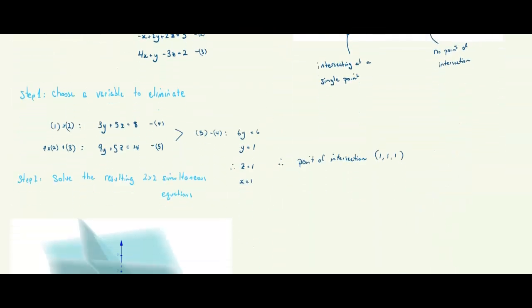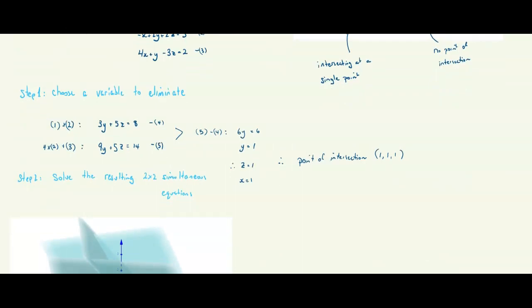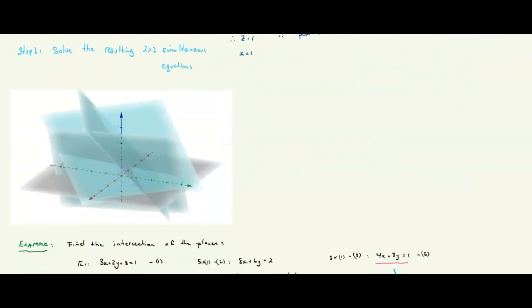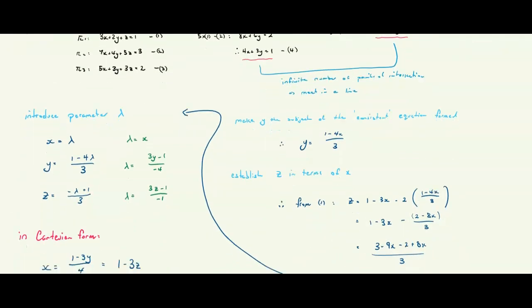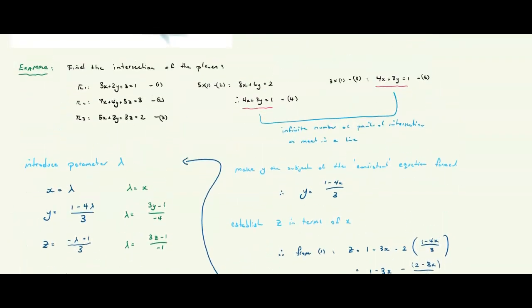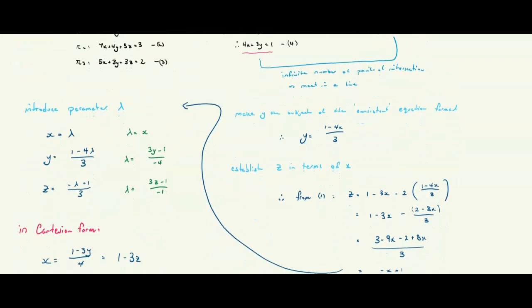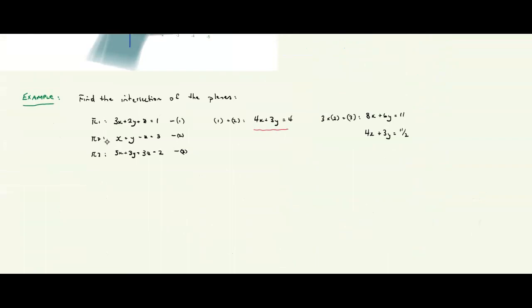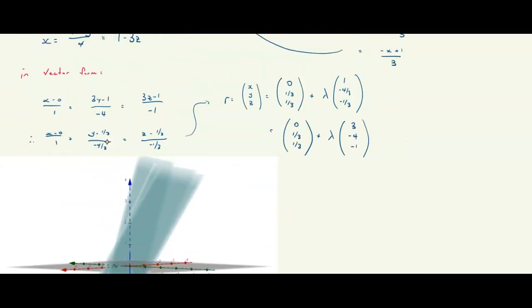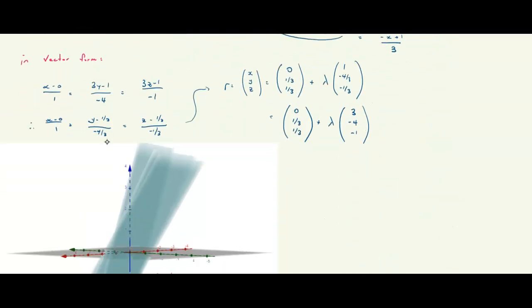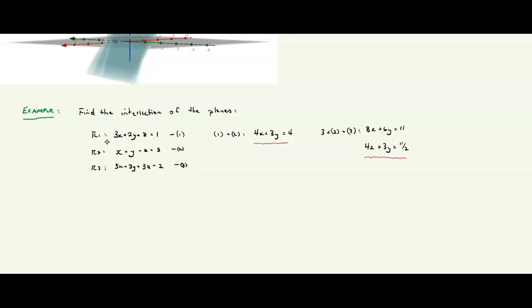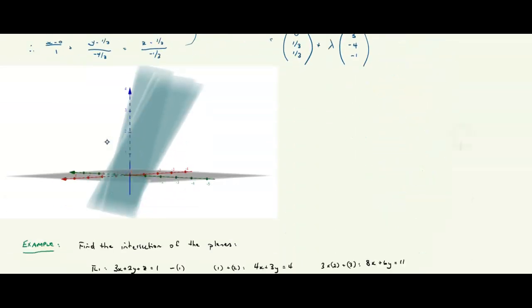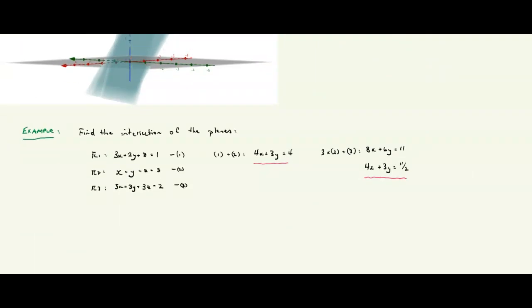Now, if we go back to the last 2 examples, at the first stage, when we got to this point, we just solved and we had a unique point. And in the second example, we got to this stage and we noticed a consistent pair of equations. Now, what we see, 4x plus 3y equals 4, 4x plus 3y equals 11 over 2. What we see are an inconsistent pair of equations. So we have no point of intersection here.